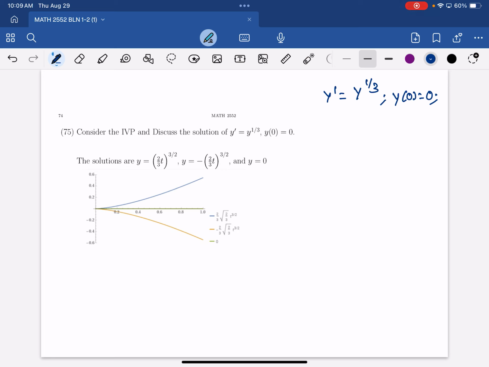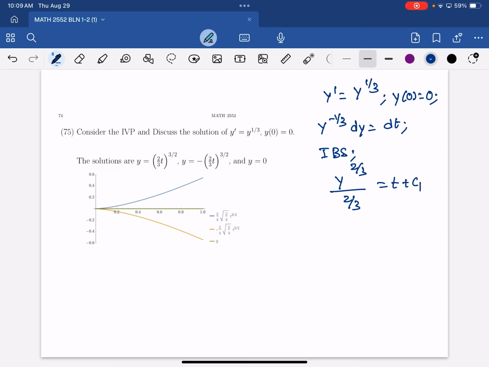Okay, so when you use variable separable, you get y to the negative 1/3 dy is going to be dt, right? So you would integrate both sides. When you integrate both sides, you get y to the 2/3 divided by 2/3 equals t plus c1.